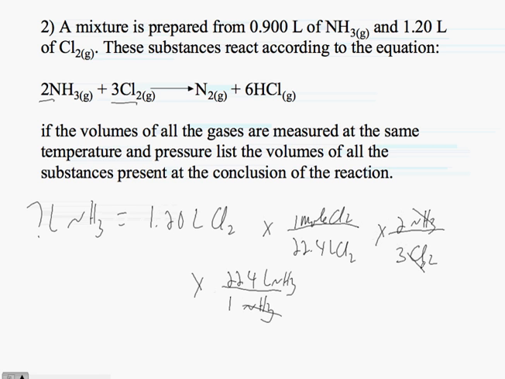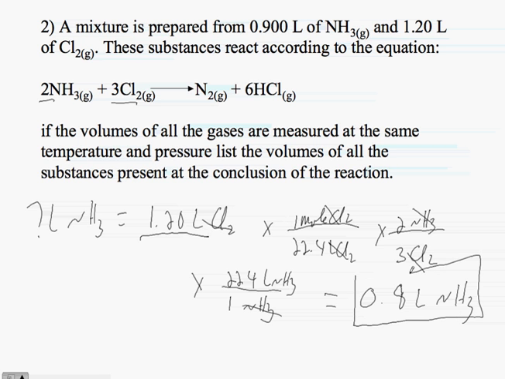Moles of ammonia cancel out, moles of Cl2 cancel out, liters of Cl2 cancel out, and this gives me 0.8 liters of ammonia.